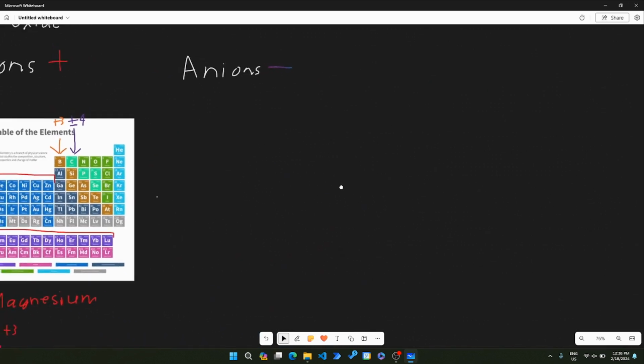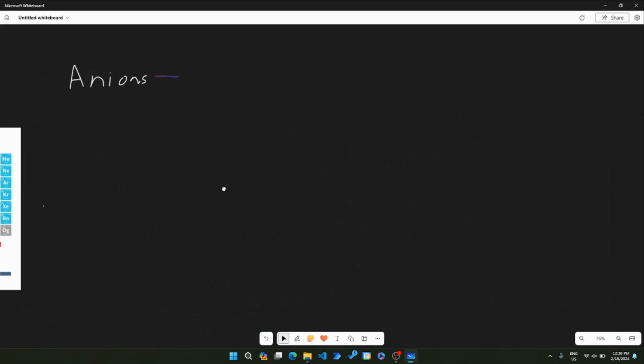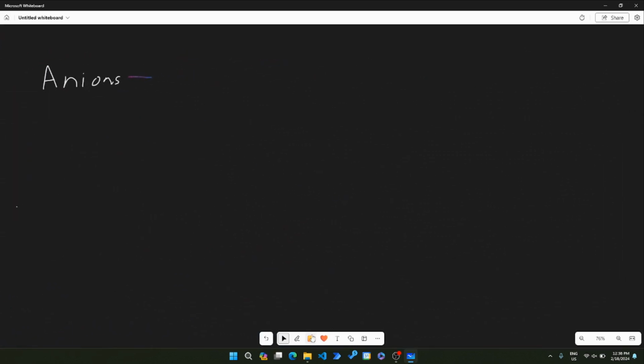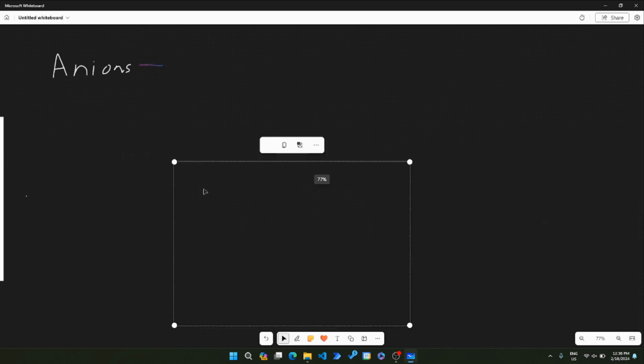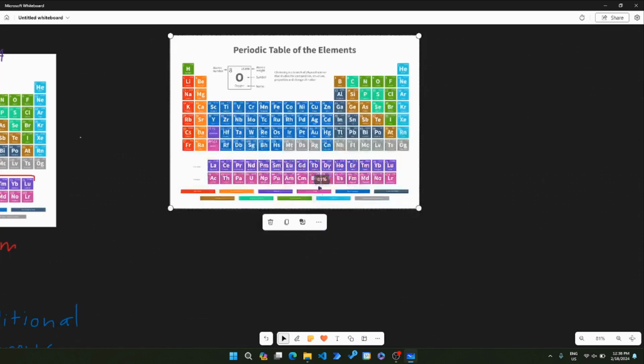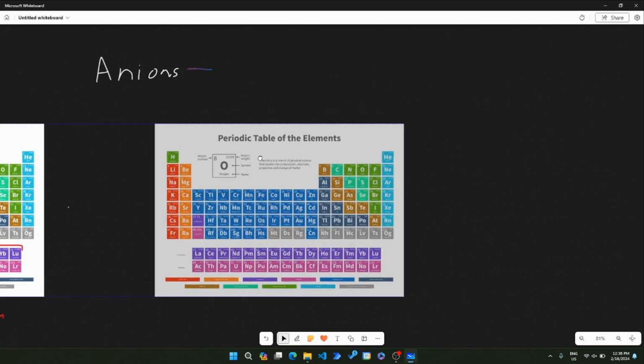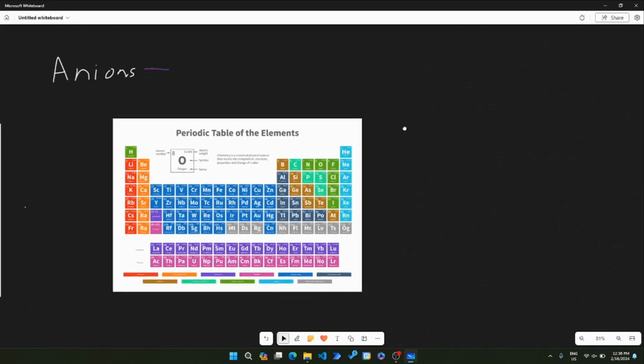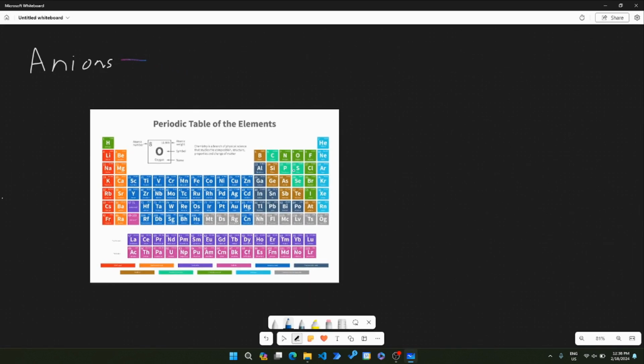Now, anions are a whole different case. They become far more complicated. Now, there's the basic anions that elements can form, which you can tell from the periodic table. So if we bring another periodic table here for anions, and we skip this over. Now, if you remember, carbon can form a plus or minus 4.